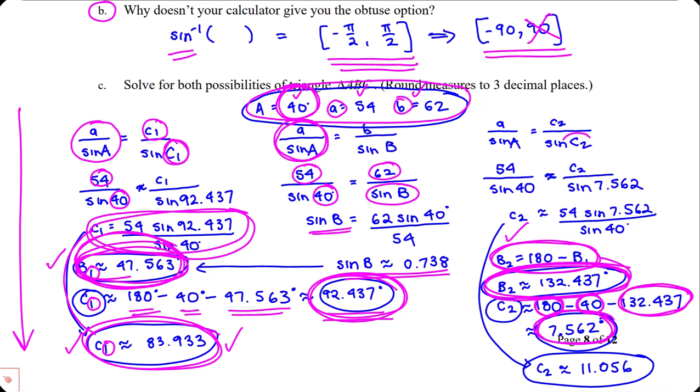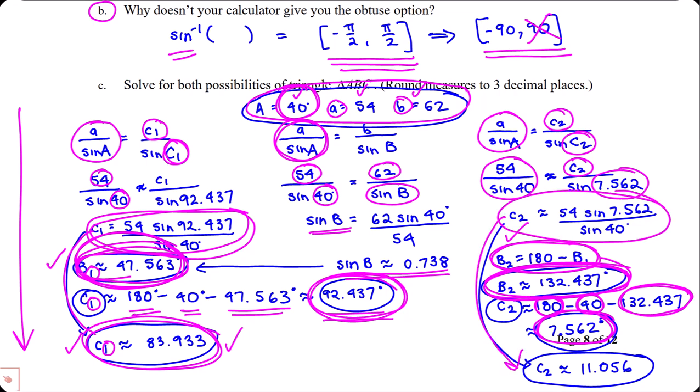Take that angle, put it into the law of sines. Again, angle A and side A are known values. I'm looking for side C, cross multiply, solve for side C, and we have two sets of answers.